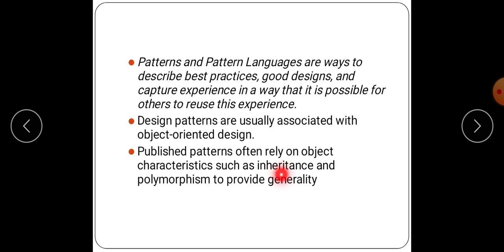We know what is meant by inheritance, nothing but some of the features will be carried or passed to the lower levels, that is inheritance. Polymorphism means something occurs in several different forms, that is polymorphism, okay.